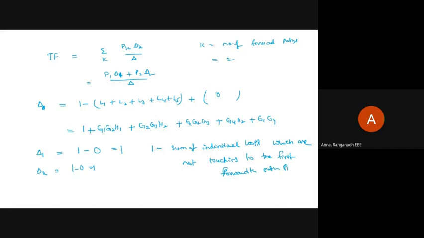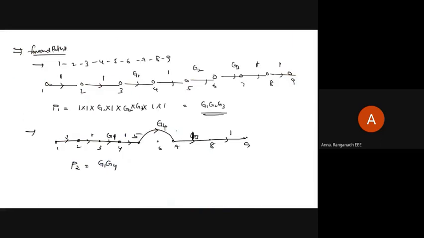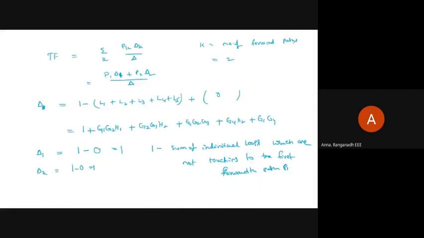This is the formula. The first forward path is the straight line. Without touching this path, there is no loop. That's why I considered 0 here. If you go for delta 2, it's the same: 1 minus the sum of individual loops which are not touching the second forward path. Without touching the second forward path, there are no loops. That's why we consider delta 2 also as 1.